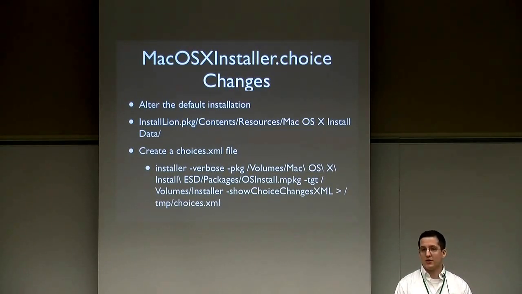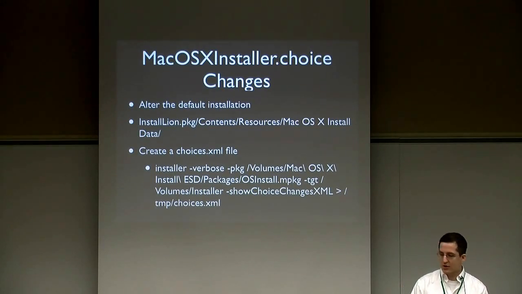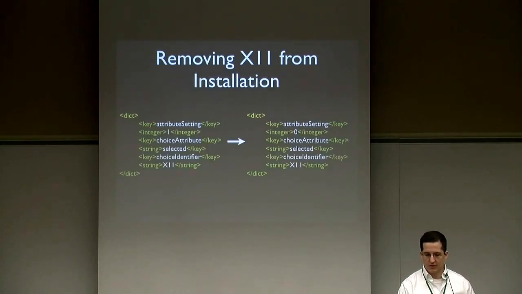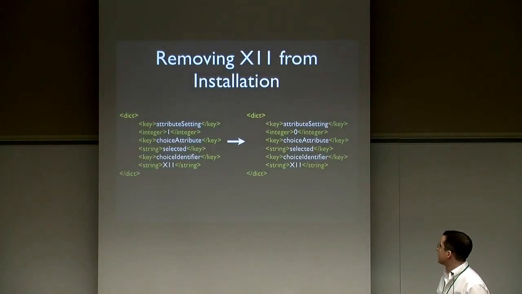The best way to create the choices.xml file is to plug in an external drive and just run this command right here and output it to wherever you want. So you could do temp choices.xml or to your desktop. And then it's basically going to give you a choice of all of your choice identifiers for the installation. So here, I wanted to remove X11.